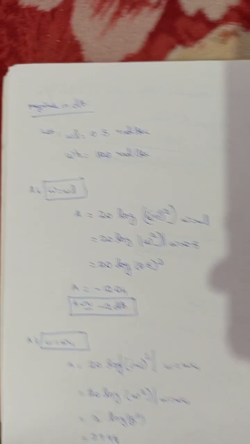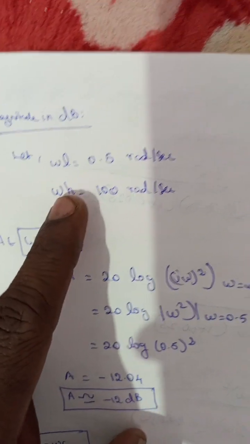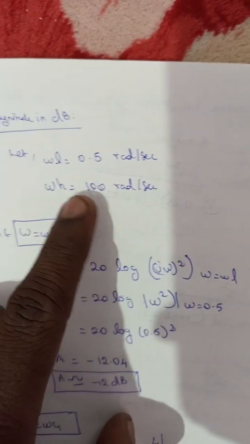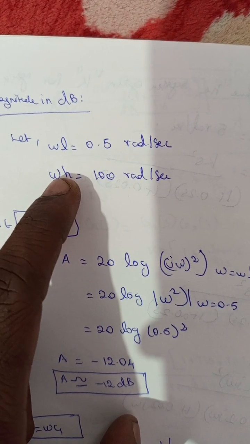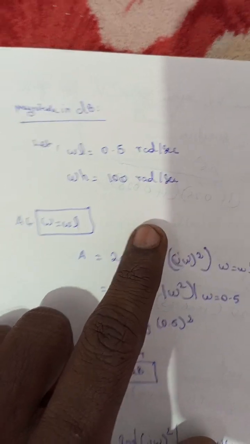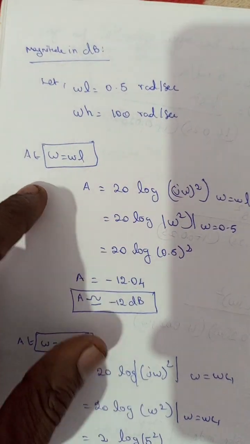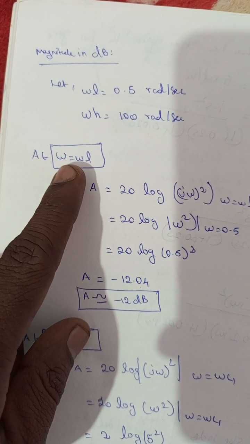So we take ωl equal to 0.5 radian per second, which is the lower value, and similarly the higher value ωh equal to 100. We are taking these two values and coming to the formula. At ω equal to ωl.